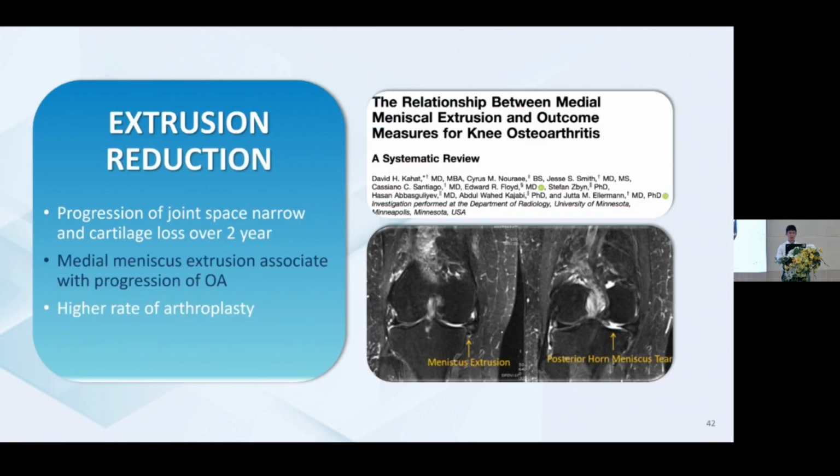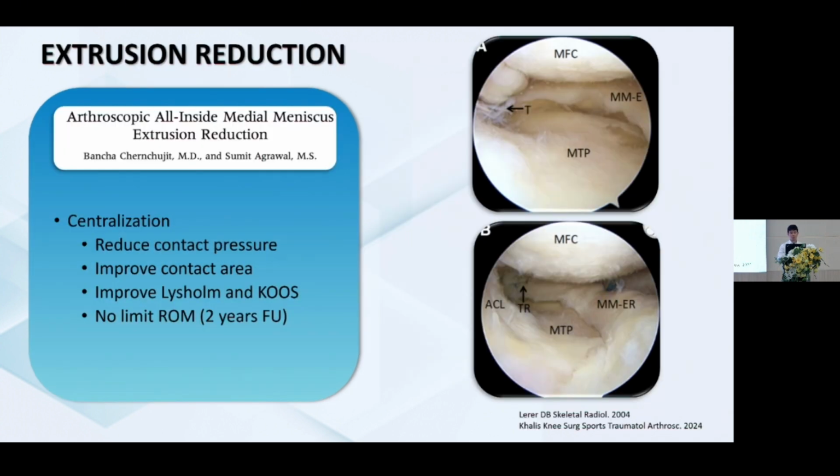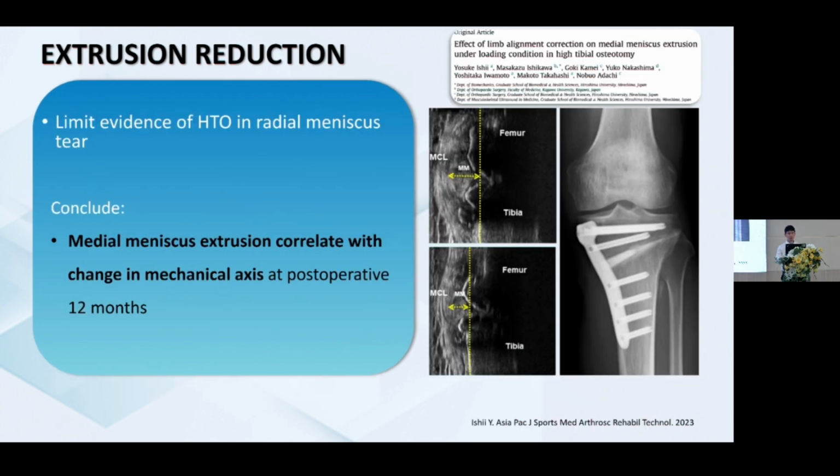Another issue is that extrusion reduction can help prevent OA and the higher rate of turning to arthroplasty. The transtibial technique can help centralize and reduce the contact pressure, improve contact area, and also prevent the progression of arthritis. And also about the HTO.